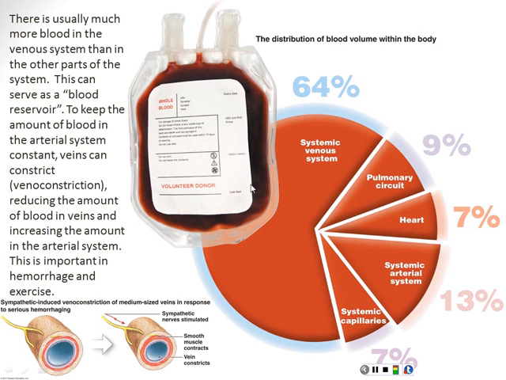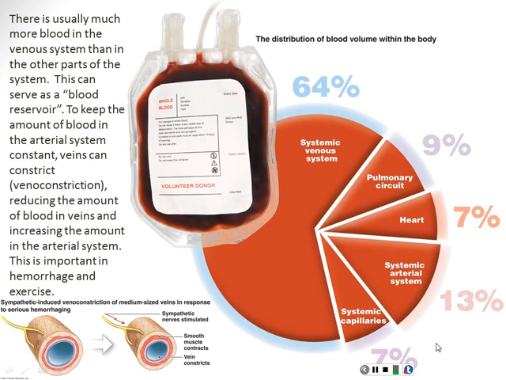If we look at all the blood in the body and where it is at any given time, we see that about 7% of the blood is actually in the heart, 9% is in the pulmonary circuit, so this is blood going to the lungs and back, or in the lungs. About 13% is in the arterial system, 7% in the systemic capillaries, but then, boom, 64% of all the blood in the body is in the systemic venous system.